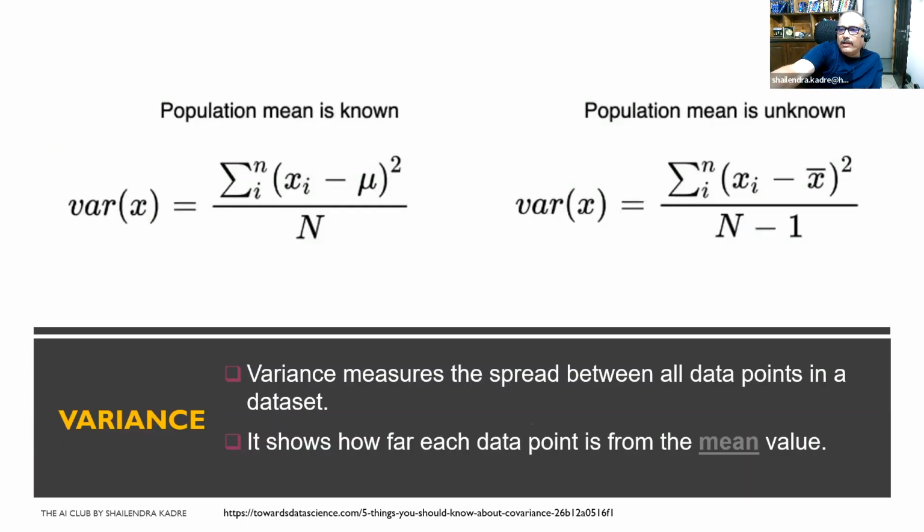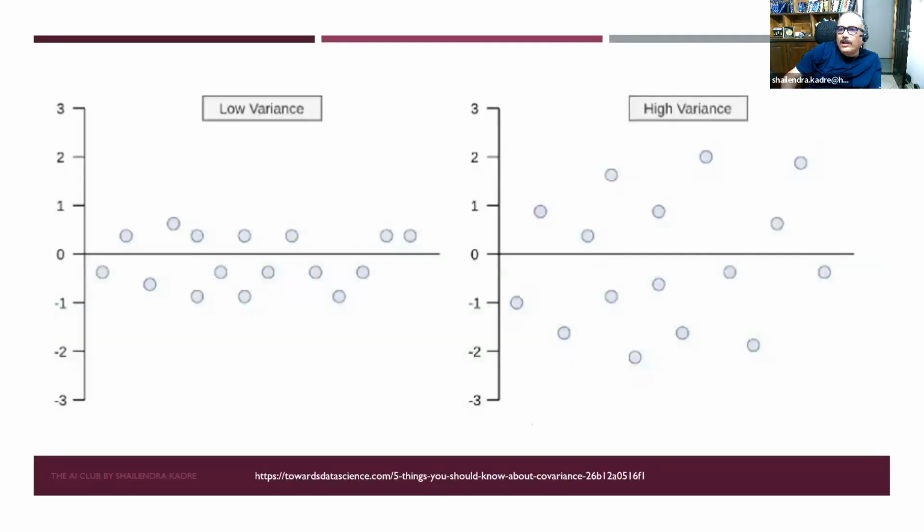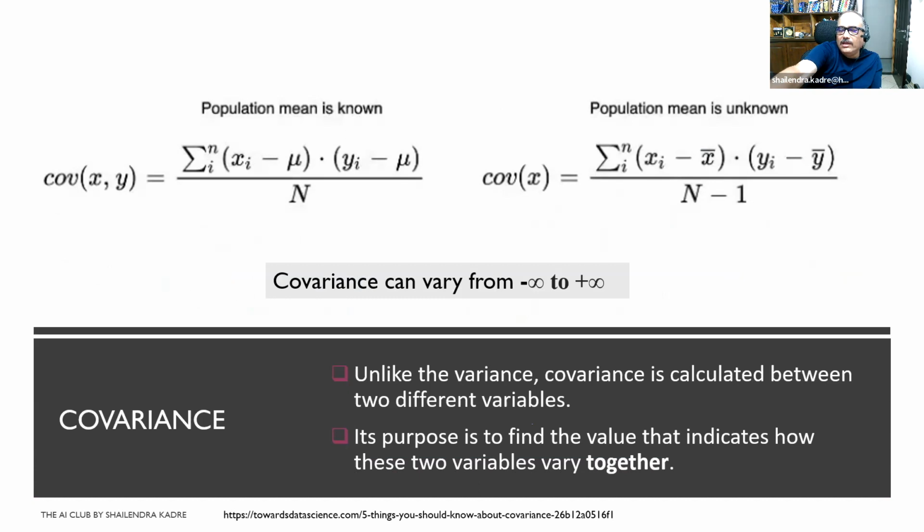Here it was squared, n minus 1. But here instead of square, you have another quantity y. Why? Because covariance always studies the variation with two variables. So you have x minus mean into y minus mean, take the summation over all the entries, divided by n or n minus 1.